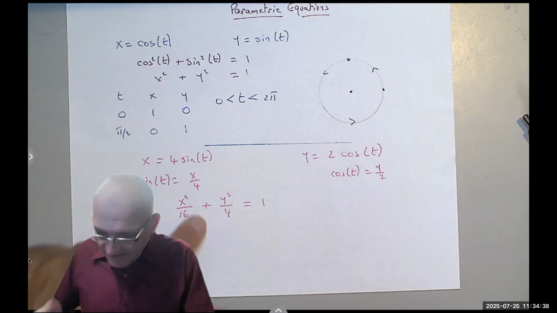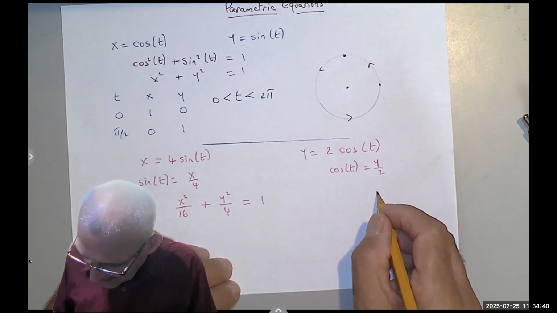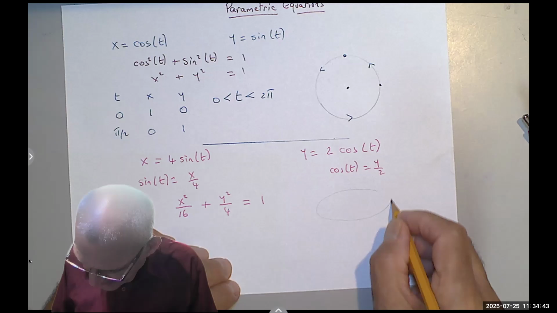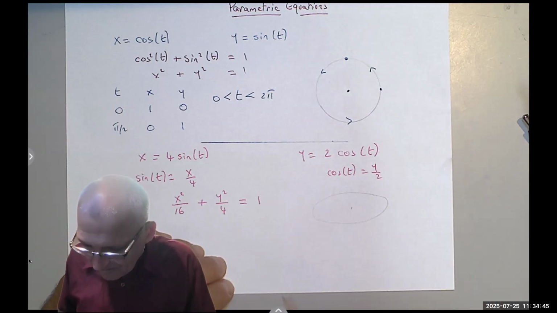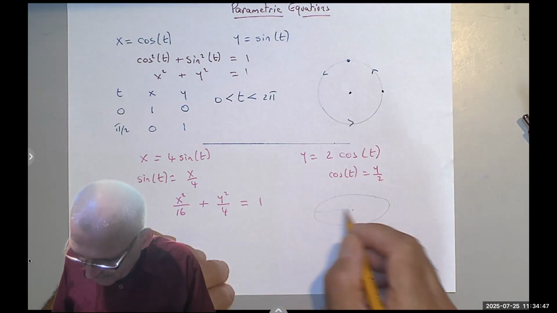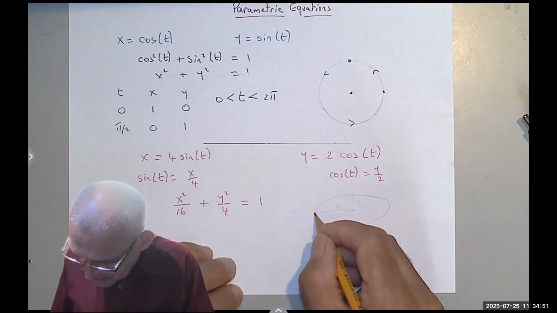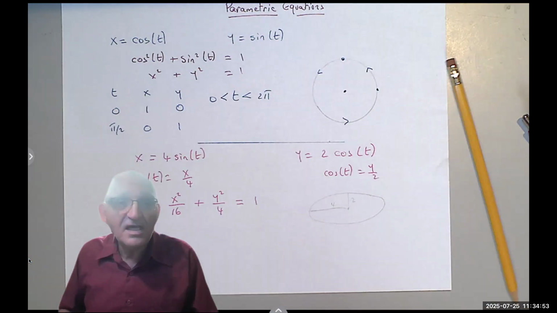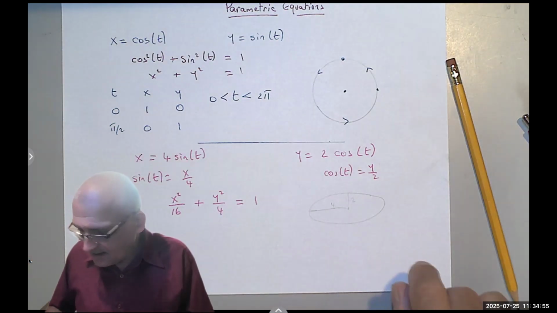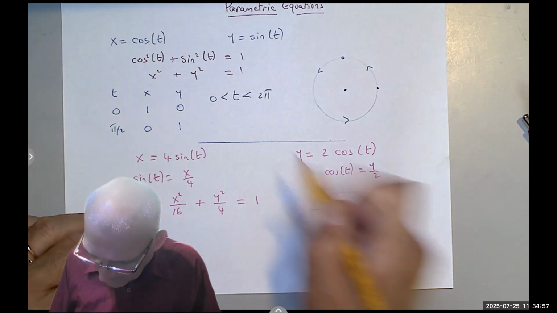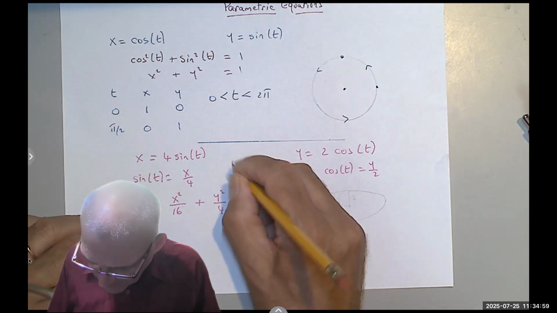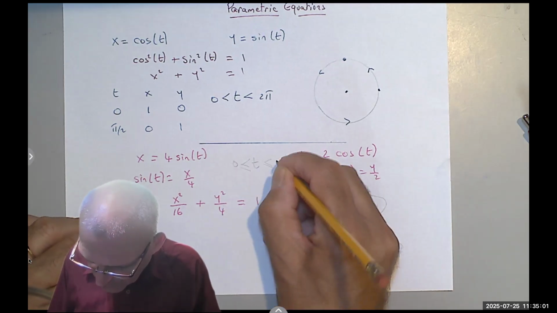Yes, that's the ellipse we were talking about. It has its center at the origin, and it's going to look something like that. This distance is 4. This distance is 2. But I don't know where I'm starting. And let's say t goes from 0 to 2 pi.